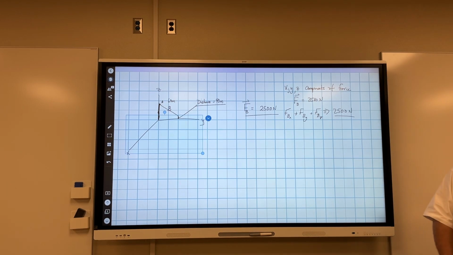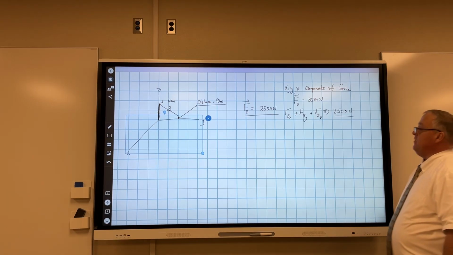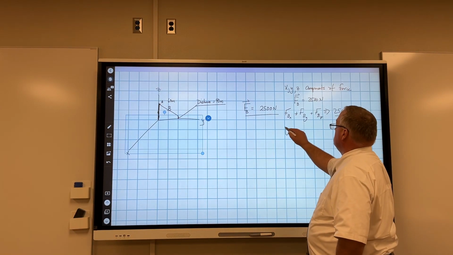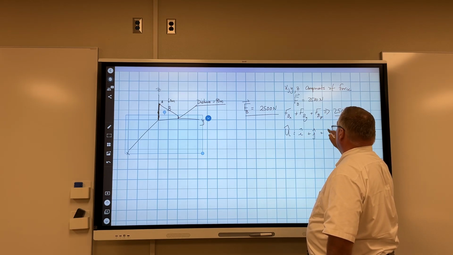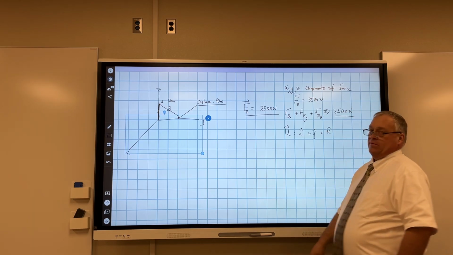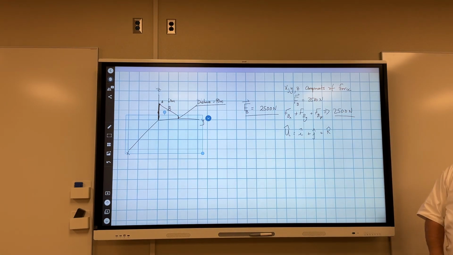So we need to break this down. We're going to break this down using the unit vector U, which is made up of I components, J components, and K components. Now, what do we remember about our unit vectors? A unit vector is equal to what? One, or unity, right? We multiply by it, it doesn't do anything except break it down into components. It doesn't change the value.